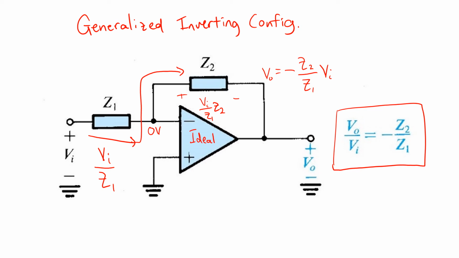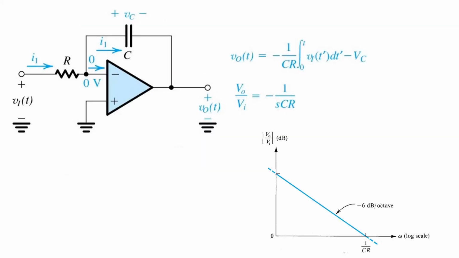Now we can make use of reactive components to form those impedances Z1 and Z2 and give us a response that's frequency dependent. And we're going to do that to realize differentiators and integrators. Here's the basic integrator circuit. Its operation can be understood in the time domain, recognizing that the input current I1 is simply equal to VI over R, assuming our virtual ground here at the negative op-amp terminal.